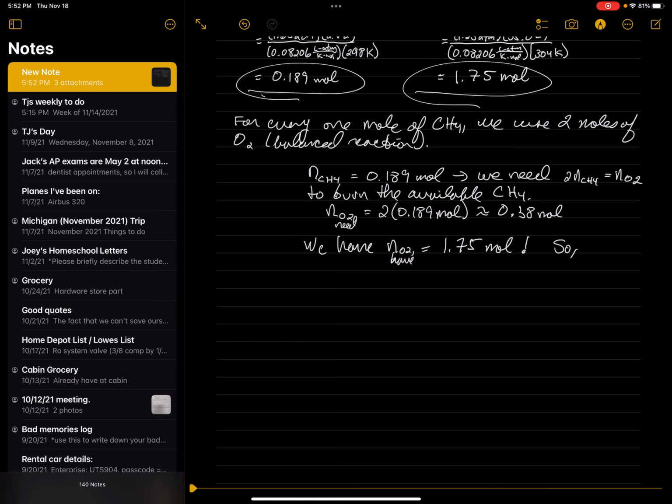So we have plenty of oxygen. This would be what we call a fuel-lean combustion reaction. So we have plenty of oxygen, and the limiting reactant is thus methane.